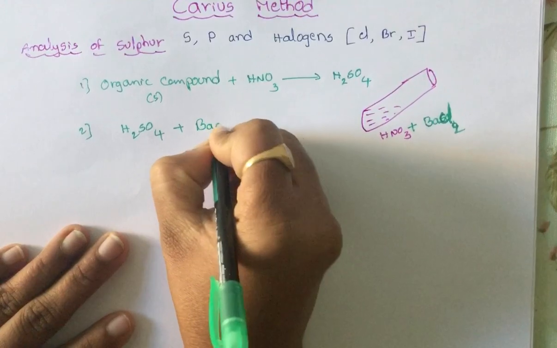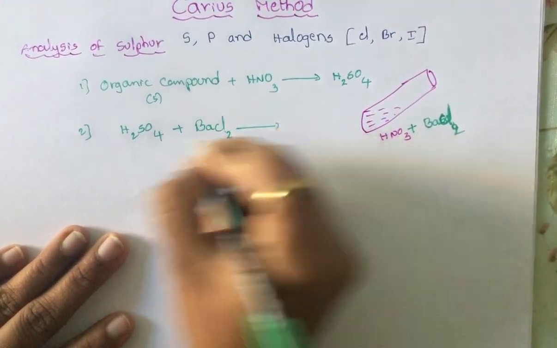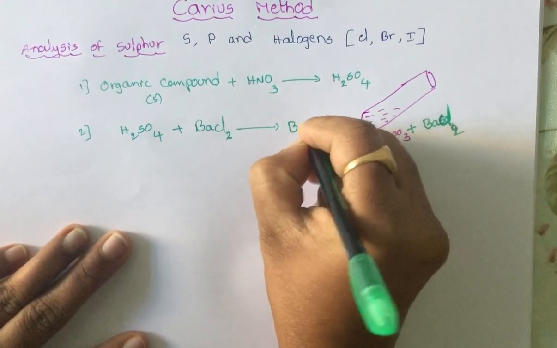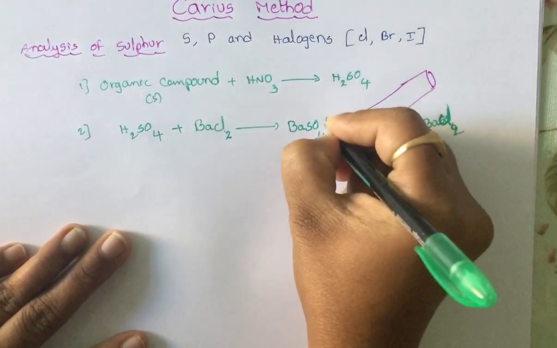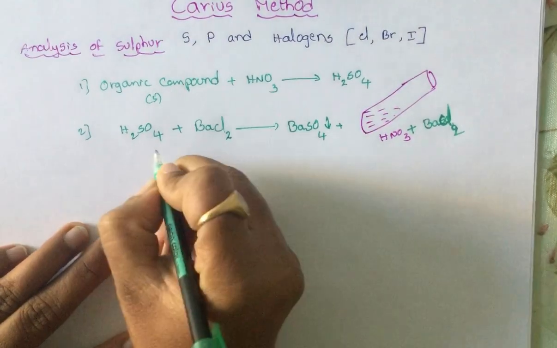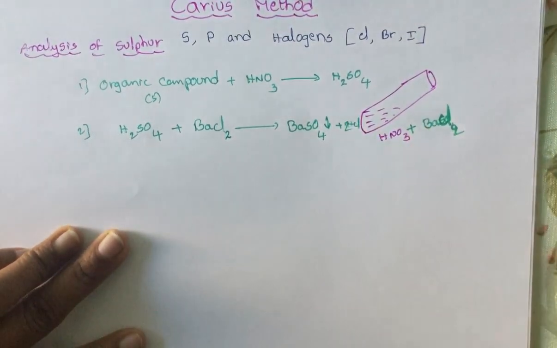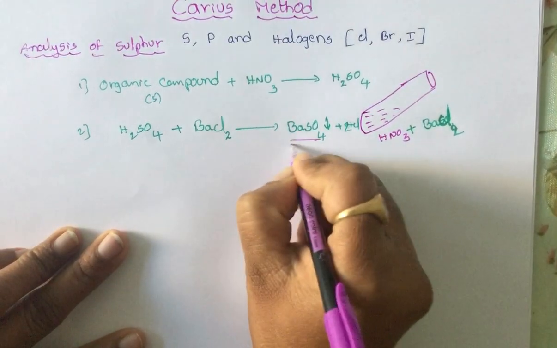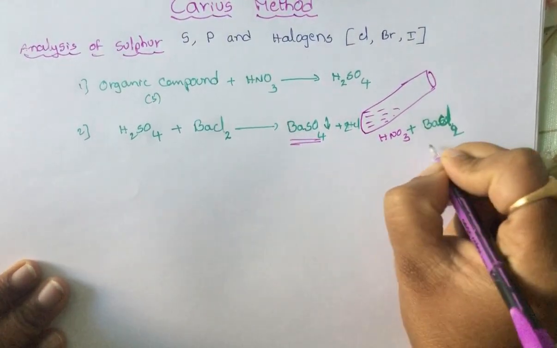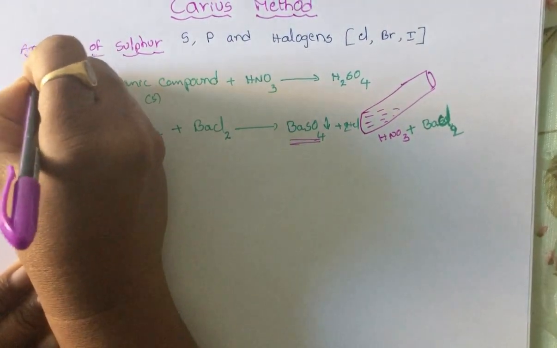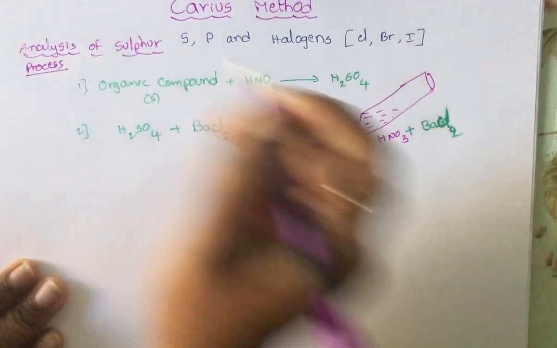Immediately it undergoes reaction with barium chloride. It replaces chlorine and joins with barium and forms barium sulfate. Barium sulfate is a precipitate. It will precipitate as well as it will also form HCl. So barium sulfate precipitate is formed during this method.